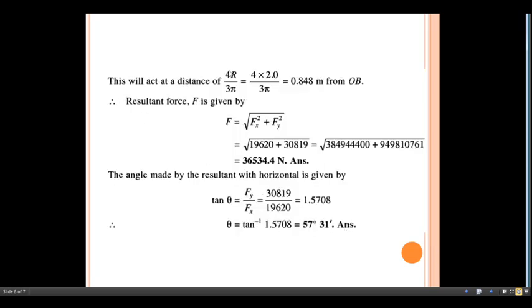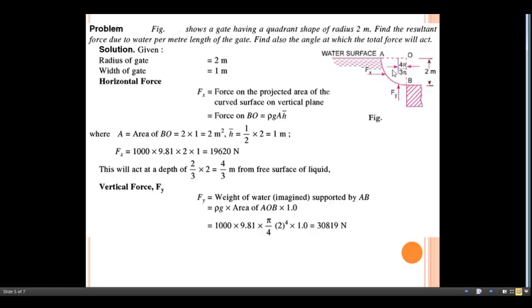This will act at a distance of 4r by 3 pi. Here also you need to focus on the centroid topic studied in the engineering mechanics subject. For the standard shapes, in the previous lecture we already shared the values of the moment of inertia along with the areas.